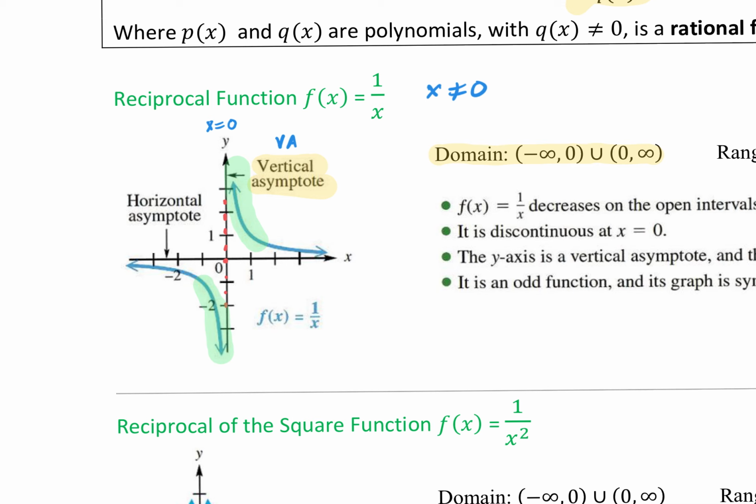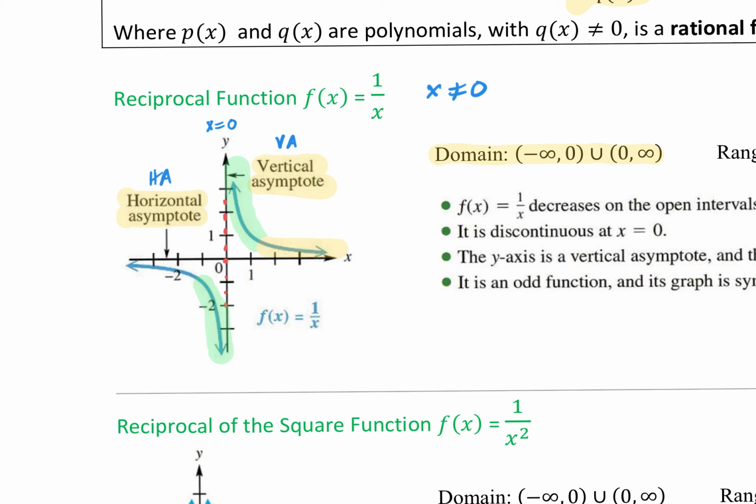With this particular graph, also notice that as x's get large, going to positive infinity, this particular graph approaches the x-axis. It's not touching or crossing it in this case. Since it's approaching the x-axis, that is also an asymptote, but since the x-axis is a horizontal line, we use the language horizontal asymptote, which I will abbreviate as HA.